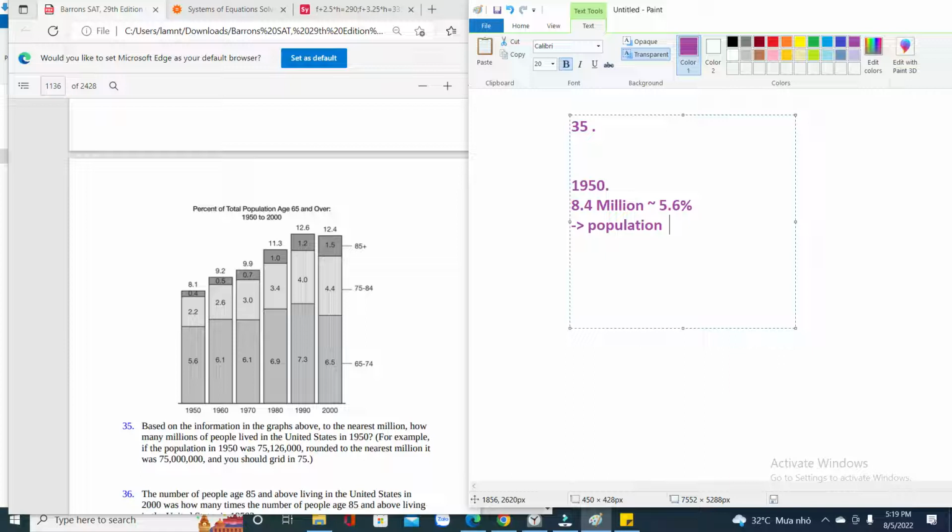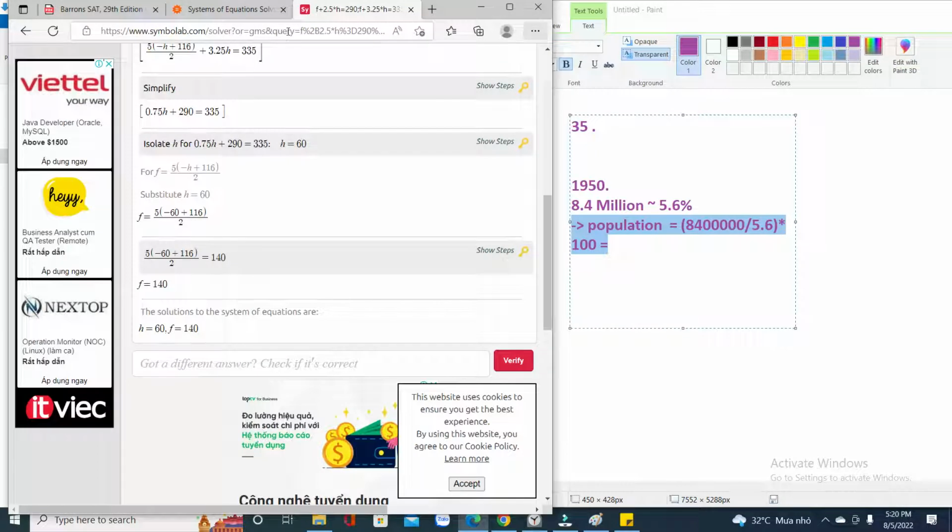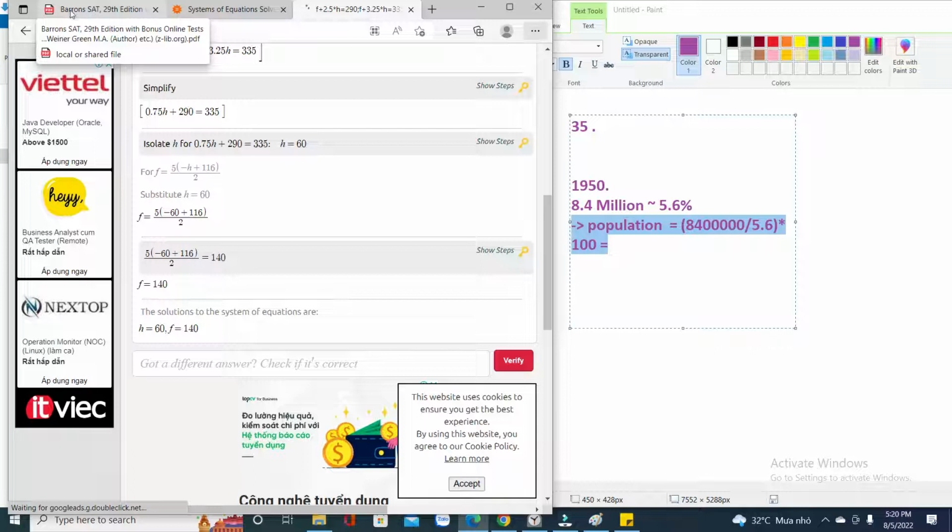I'm just going to write the exact number divided by 5.6 and multiplied by 100.